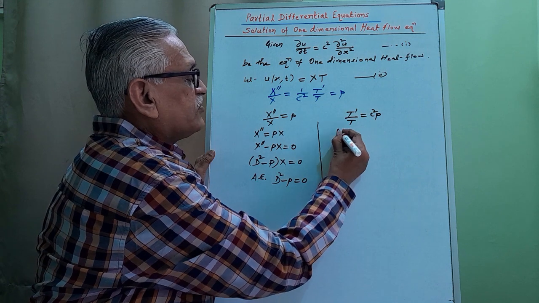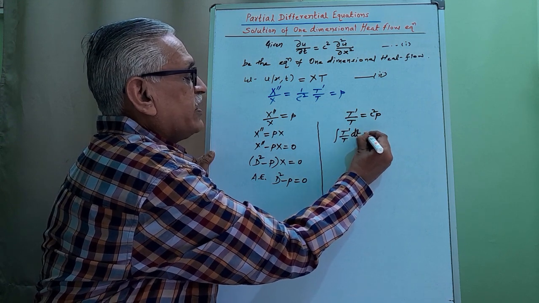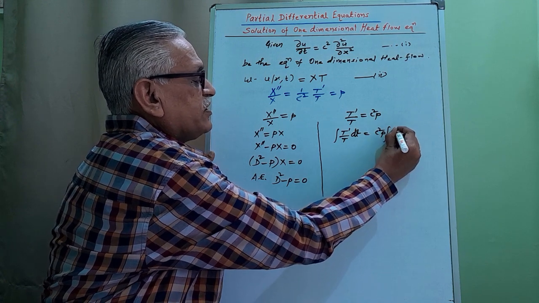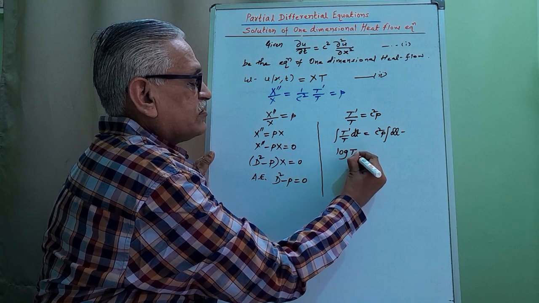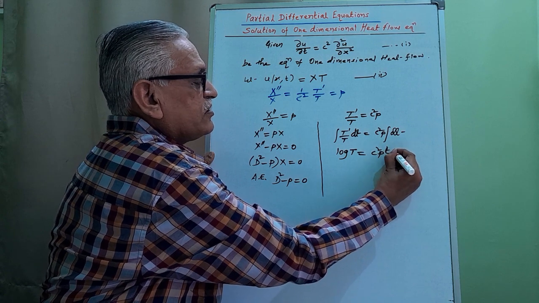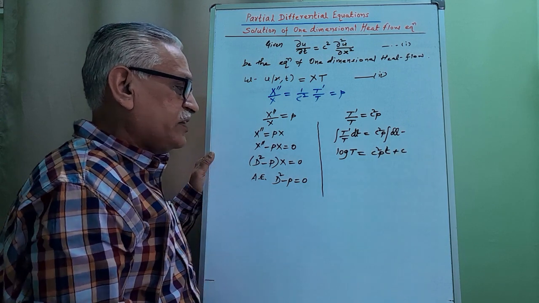Integrating this with respect to small t, we get c square p constant term, integration of dt. Its integration is log of T as c square p t plus constant of integration small c.